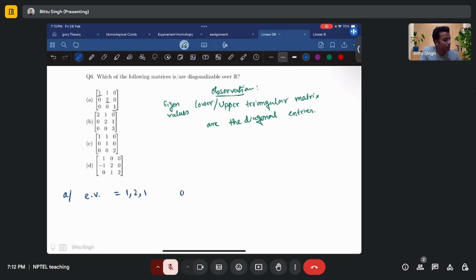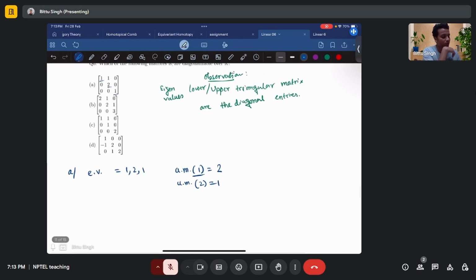The algebraic multiplicity of 1 is 2, and that of 2 is 1. We don't need to worry about 2 because its algebraic multiplicity is 1. The only problem may occur when the algebraic multiplicity is greater than 1.